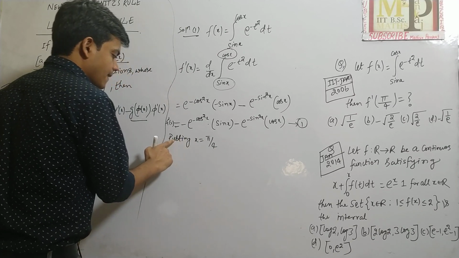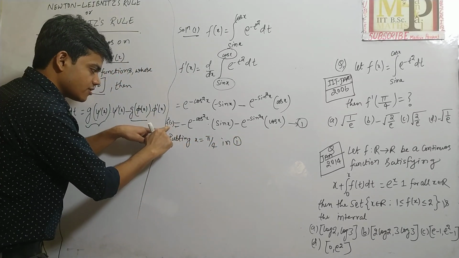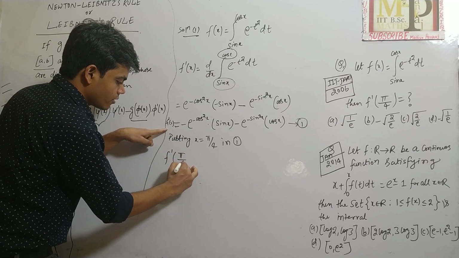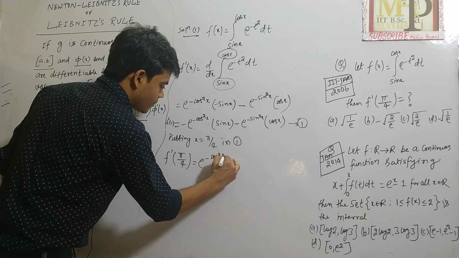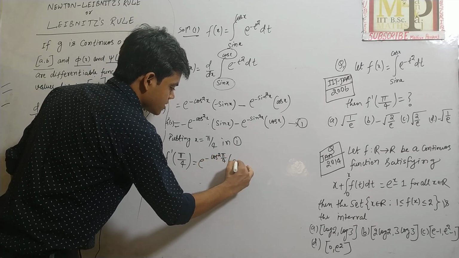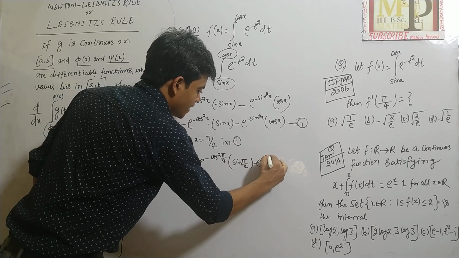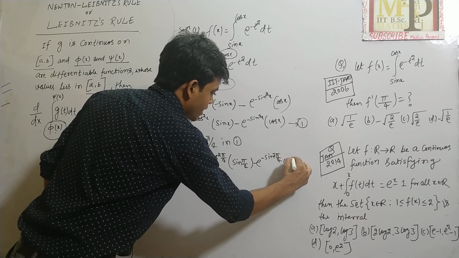So putting x equals pi by 4 in 1, this becomes f dash pi by 4, which is e to the power minus cos square pi by 4 into sin pi by 4, minus e to the power minus sin square pi by 4 into cos pi by 4.